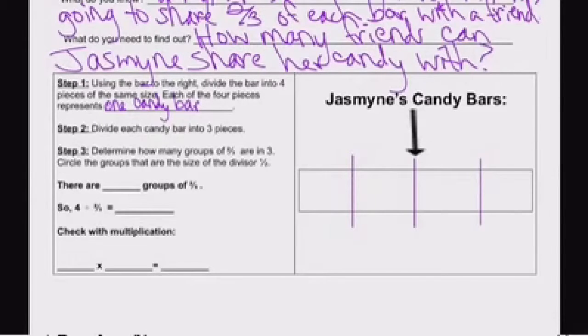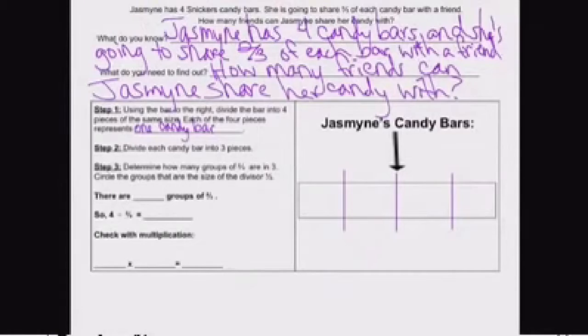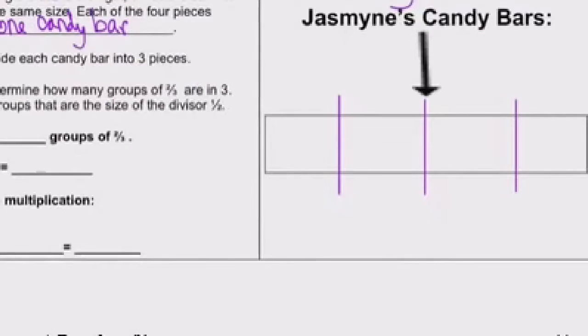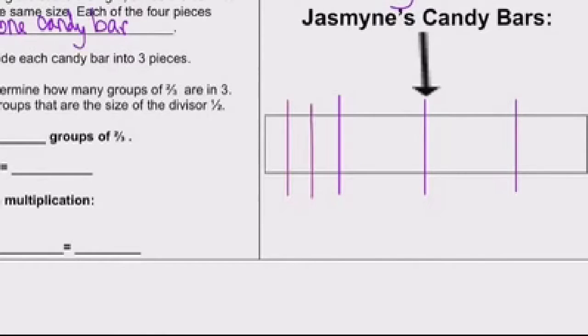Okay, that's step 1. Step 2 says divide each candy bar into 3 pieces. Remember, each of those 4 pieces represents 1 candy bar. So we're then going to go ahead and divide each of those pieces into 3 pieces. Do your best to make them the same size.